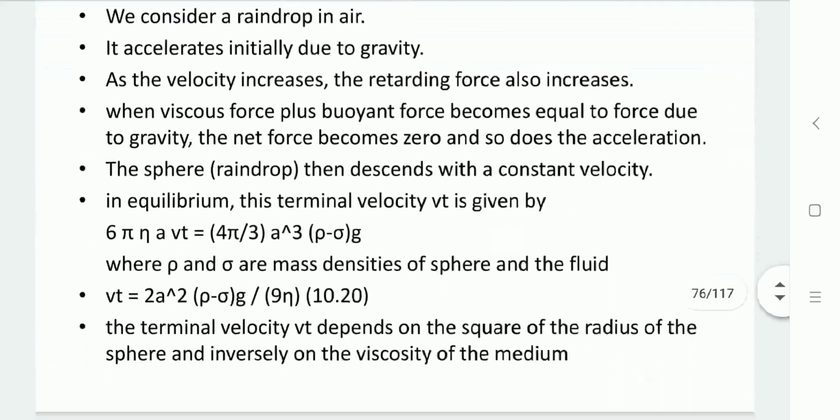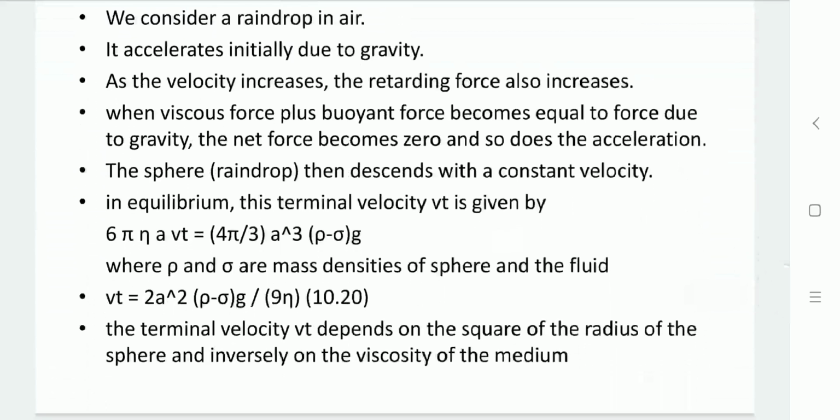So in equilibrium, at the terminal velocity vt, it is given as 6 pi eta a vt equal to 4 pi by 3 a cube (rho minus sigma) g, where rho and sigma are the mass densities of the sphere and the fluid, and vt, the terminal velocity, equals 2a square (rho minus sigma) g divided by 9 eta.